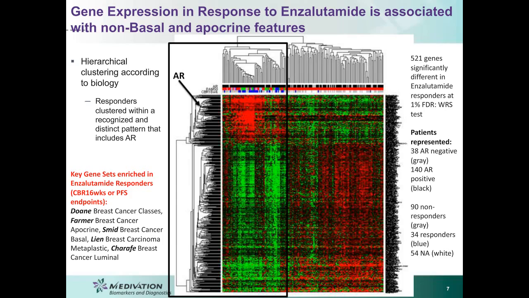We also find signatures of apocrine response from a paper by Farmer et al. that I'll get to in a moment. And also, I don't know if this is listed here, but we also saw signatures of androgen receptor activity from cell line-based models.